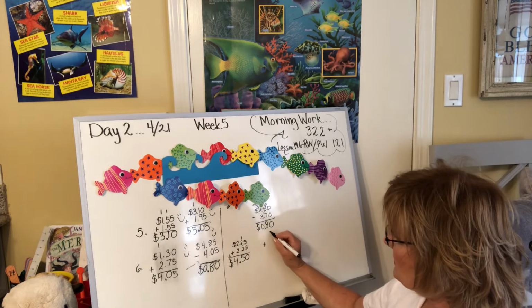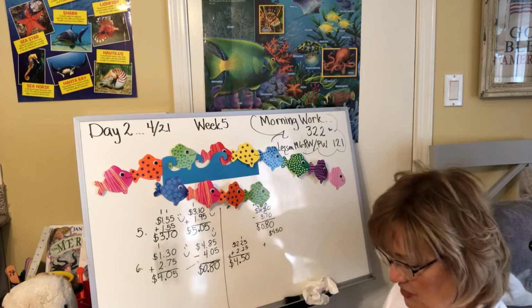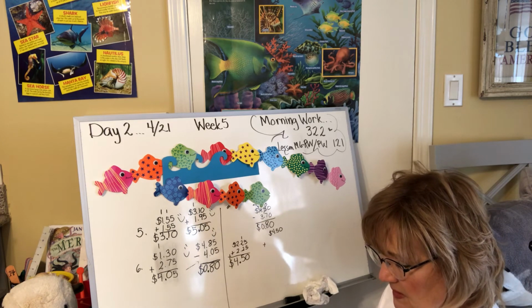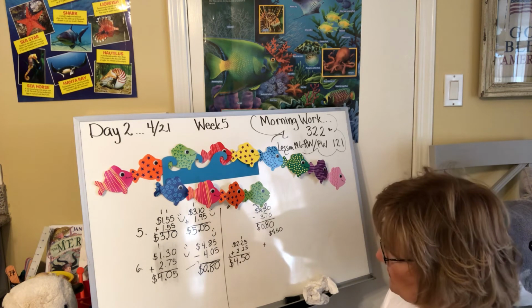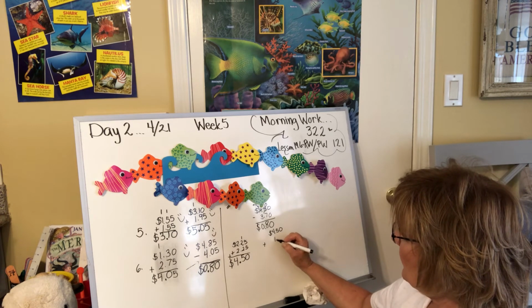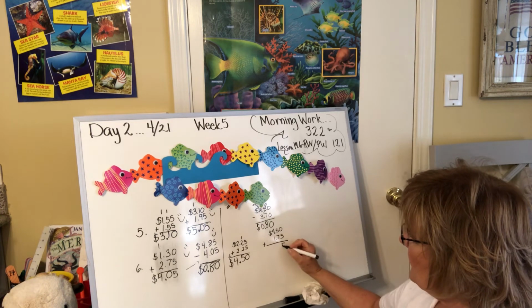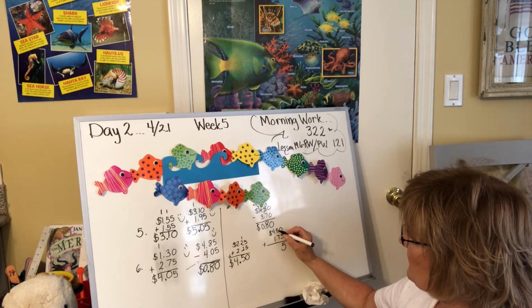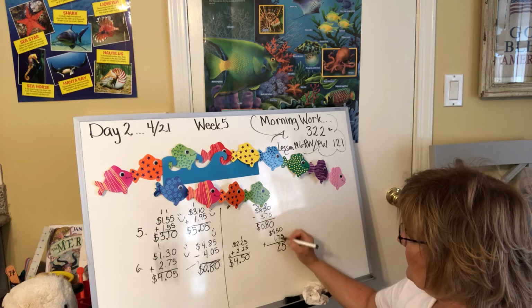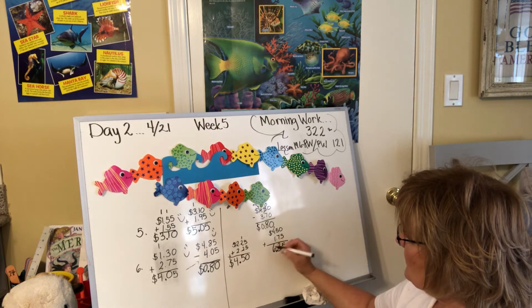So we know so far she has spent $4.50, but she's not done yet. She also bought a snack that costs $1.75. We're going to tack that on. We're going to add it up. 5, 7, 8, 9, 10, 11, 12. Put the 2, carry the 1, 4, 5, 6. Don't forget your decimal point.